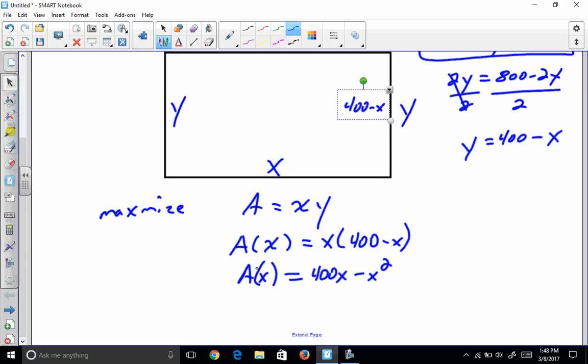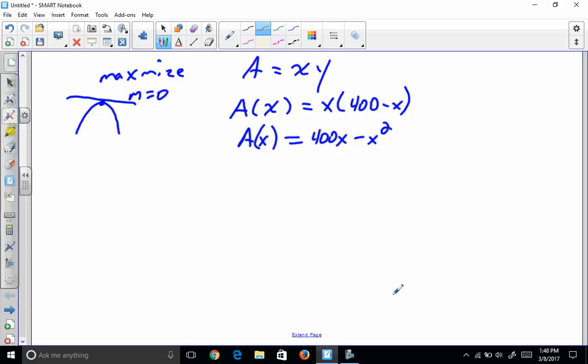So if we want to maximize that, remember if we have a maximum, that occurs where the slope of our tangent is 0. So anytime we're looking for the slope of a tangent, we need our first derivative. The derivative of this term is 400.